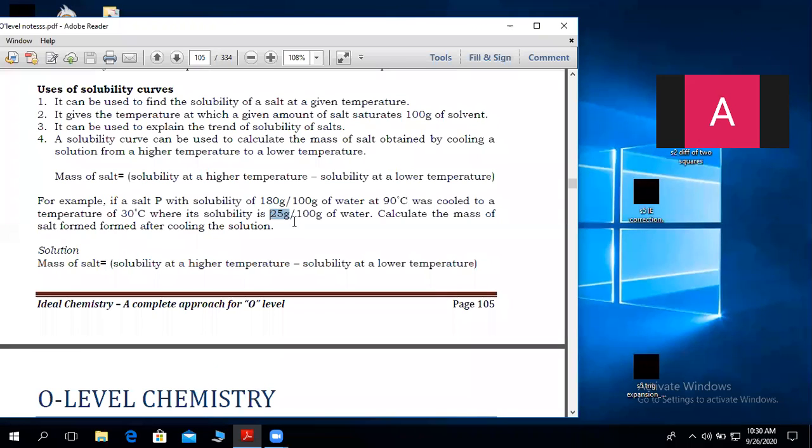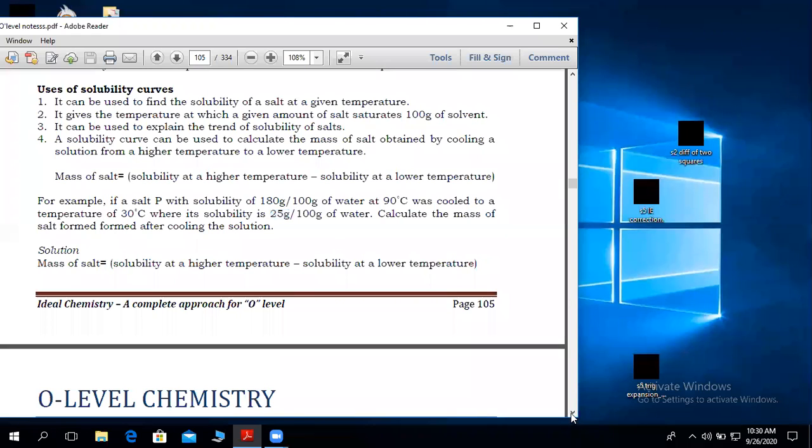The mass of crystals deposited will be the solubility at 90, which is 180, subtract solubility at 30, which is 25.